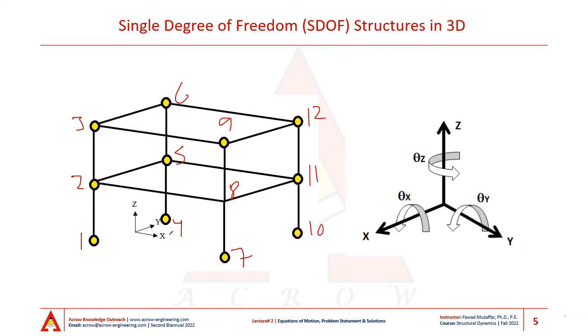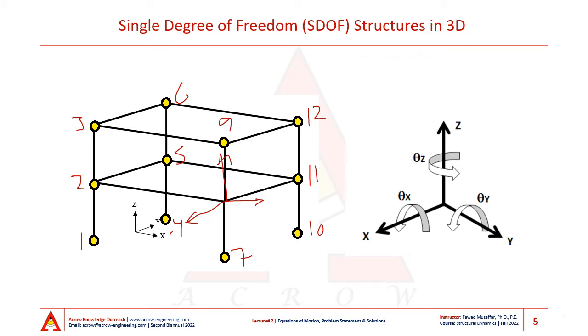Now, to answer this question, let's look at one of the nodes closely and think about how many ways a particular node can move or rotate. If I look at my node number 8, this node can move in the x direction, can move in the y direction, and can move in the vertical direction.